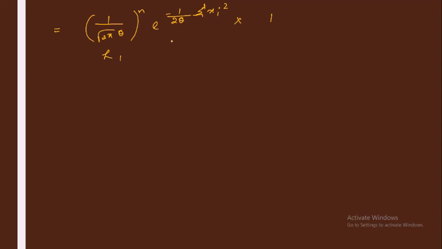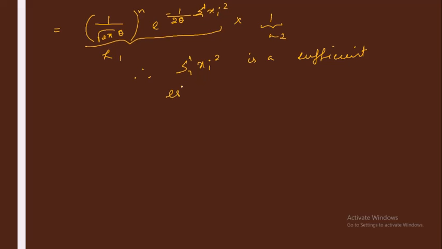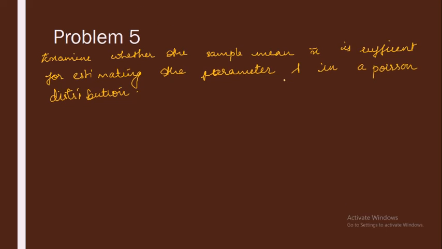So this is your L1, and you can express this as L1 and this as L2. Therefore you can say that summation xi square, since you are asked to obtain an estimator, is a sufficient estimator for theta.